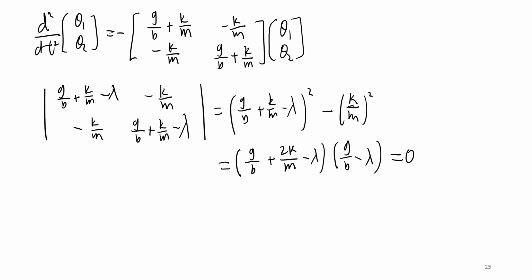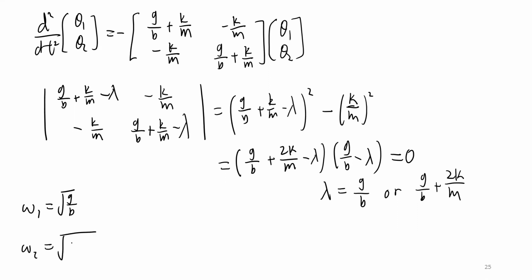So then lambda would be either just g divided by b or g divided by b plus 2 kappa divided by m. So the eigenfrequencies are: omega 1 is just the square root of g divided by b, and omega 2 is the square root of g divided by b plus 2 kappa divided by m.